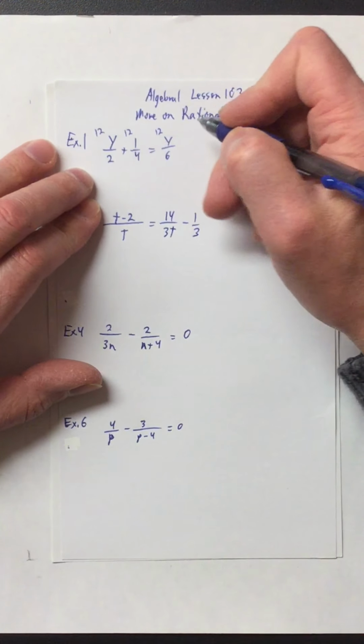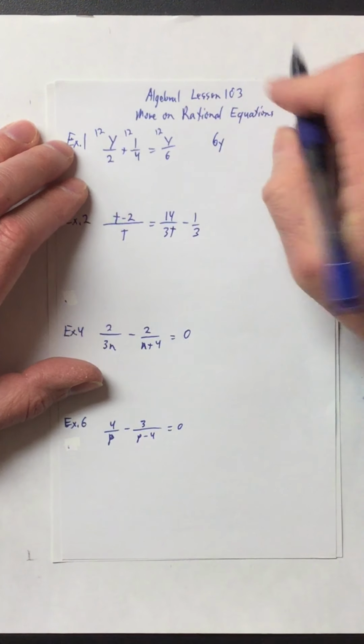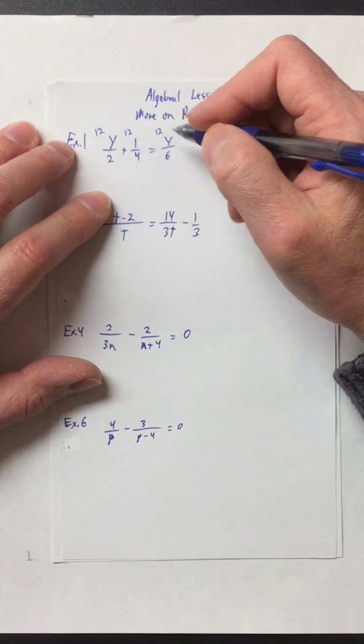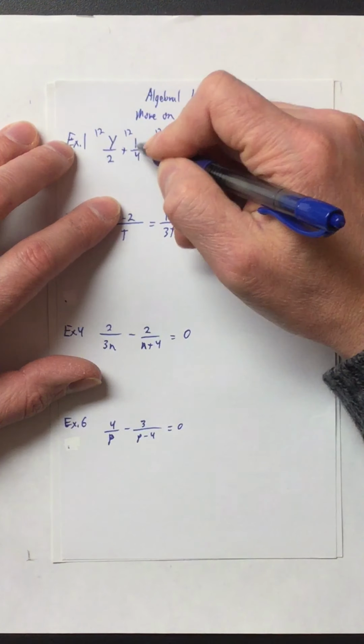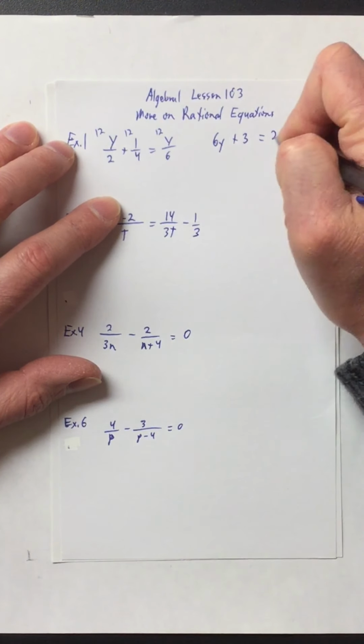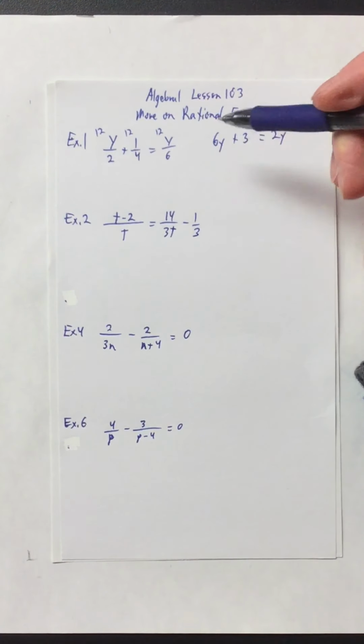So 12 divided by 2 is 6, so we're going to get 6y plus 12 divided by 4 is 3. So 3 times 1 is 3 equals, and then this is 2, so 2y. We're going to do that to be able to reduce and eliminate our denominator.